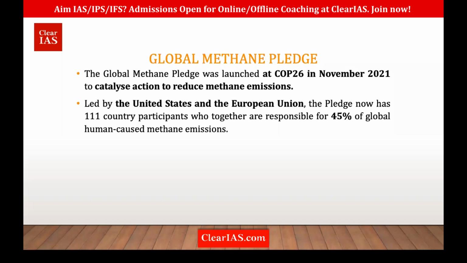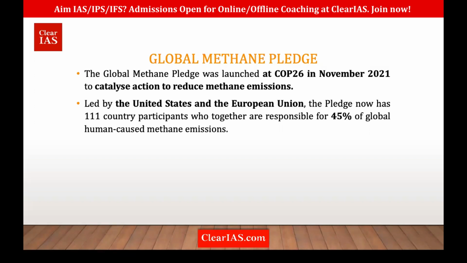And what happened this year? At COP27, MARS was adopted, and the Global Methane Pledge was at COP26 in Glasgow. Countries such as the United States and the European Union pledged that they would be responsible. But they are not the only ones responsible for 45% of global methane emission.